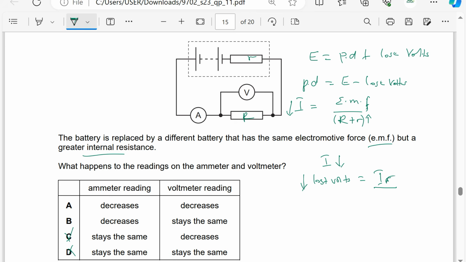Okay? So since it is now a smaller current, we have a greater lost volts. So V, or the PD V, is going to be the EMF minus the lost volts.